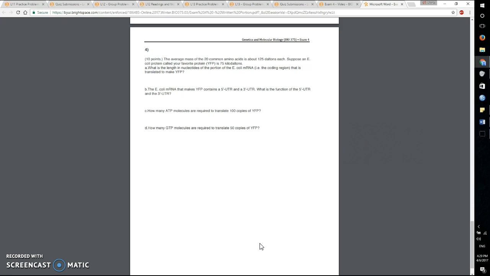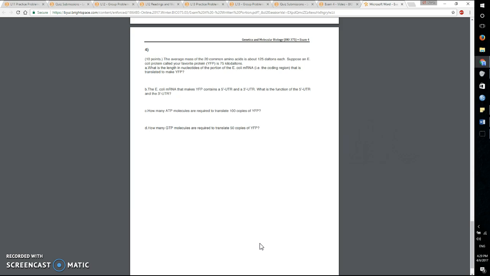Well, if it's all mRNA, then you take the 75 kilodaltons divided by the 25 kilodaltons, and you get 3. So there are 3 sets of 20, or 60 amino acids, and these amino acids are comprised of 3 nucleotides each, so there would be 180 nucleotides.